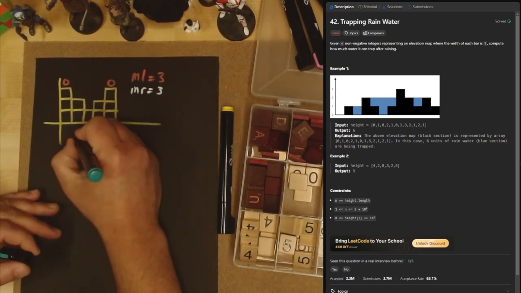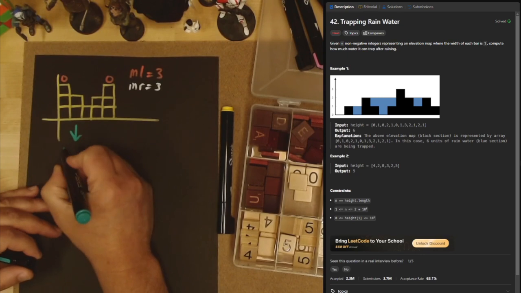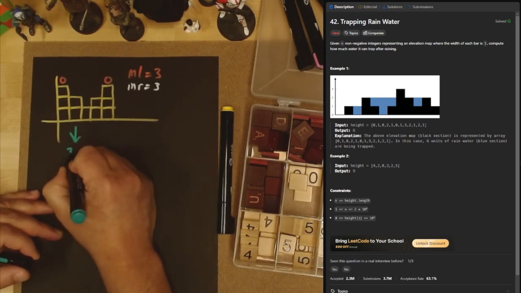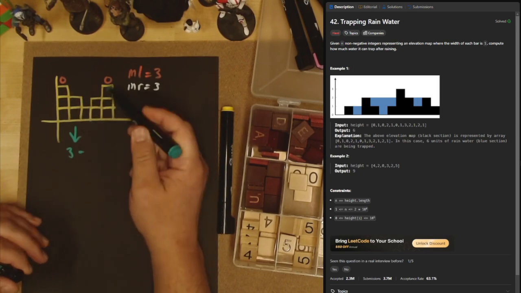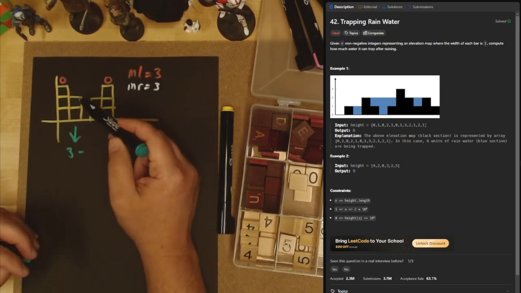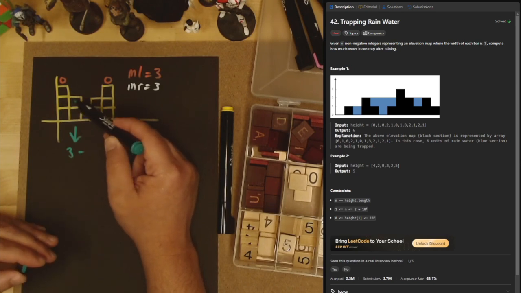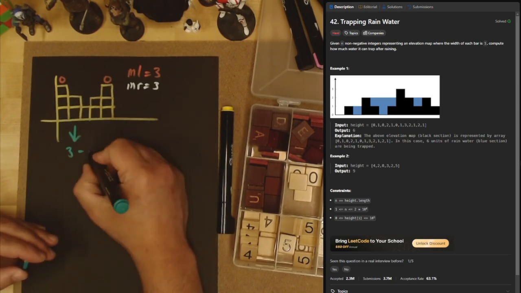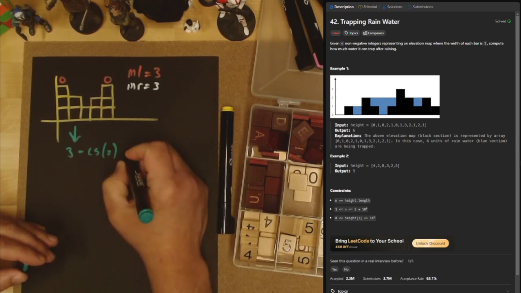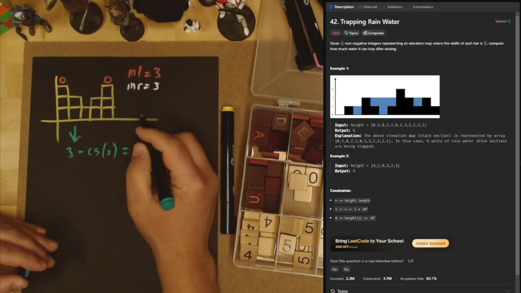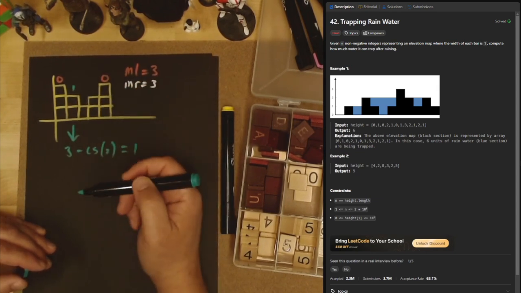So we're going to say that the amount that it can hold is going to be the max, so 3 minus something, right? Because it's going to be 3 or less. It can't be greater than 3 because we can't dig holes down here. We're not hobbits. So we're going to subtract the height of the current square, which happens to be 2. So 3 minus 2 is 1. So we can hold 1 unit of water here.